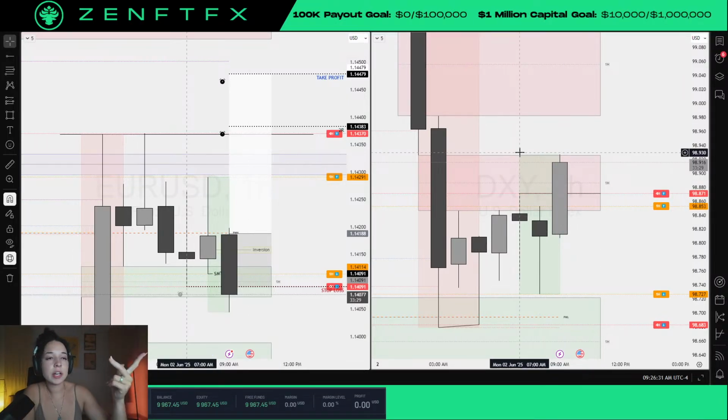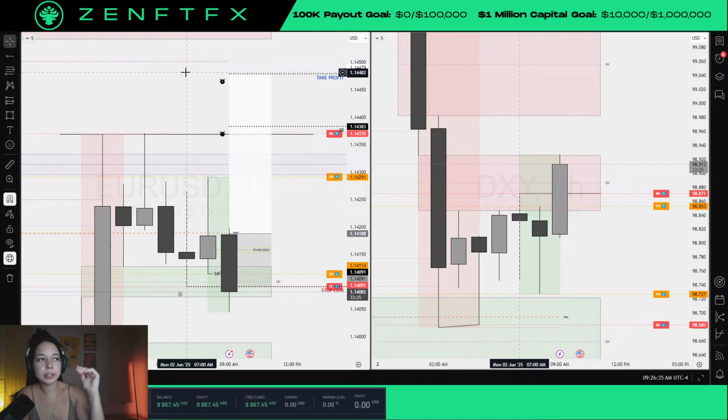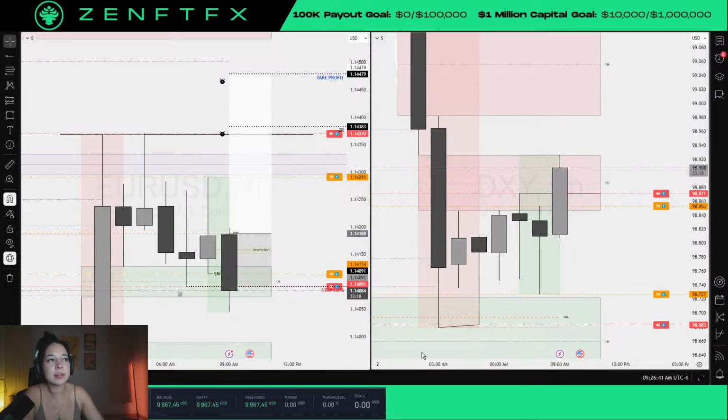I inverted it because I look for SMTs, which is basically higher lows being taken out on one pair. This is just DXY. That's the only one that I do it with because DXY and Euro USD are heavily correlated.